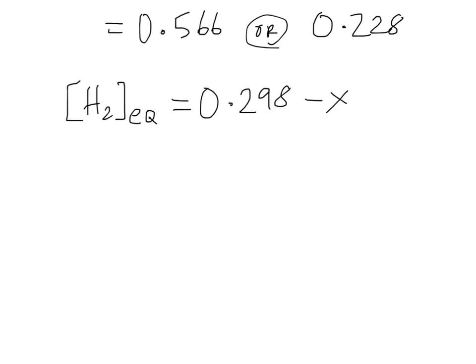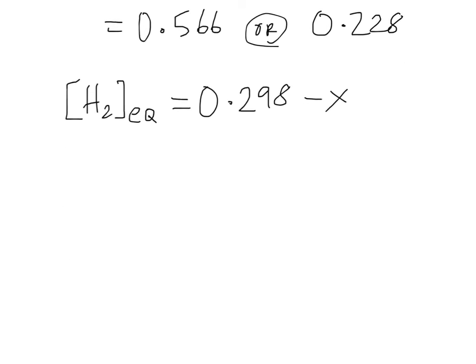And the easiest way to figure this out in this problem is we'll look at the hydrogen concentration. It's 0.298 minus x. Now, if your value of x you take to be 0.566, that gives a negative concentration for hydrogen. And so we know that can't be the correct one. If we plug in the other one, the 0.228, in place of x, we'll see a positive concentration.